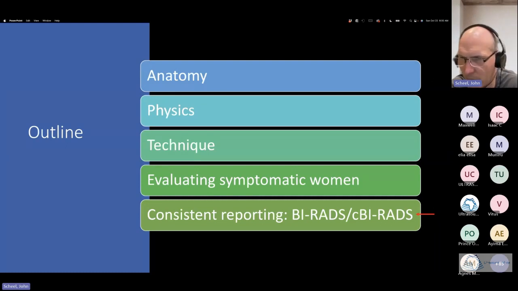And reassurance to know that it is very common to have pain in your breasts, particularly at certain times in your cycle. 80% of women have breast pain at some time during their menstrual cycle. And so that type of information can be very helpful in helping women understand that there's nothing wrong. It's just an unfortunate part of having breast changes as they go through their cycle.